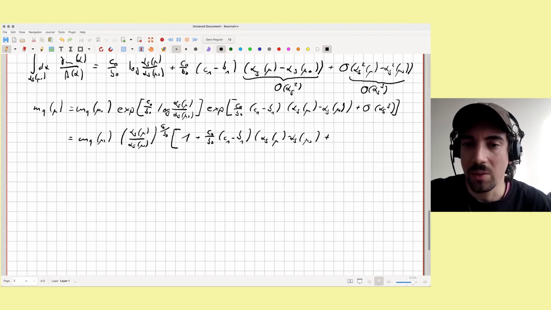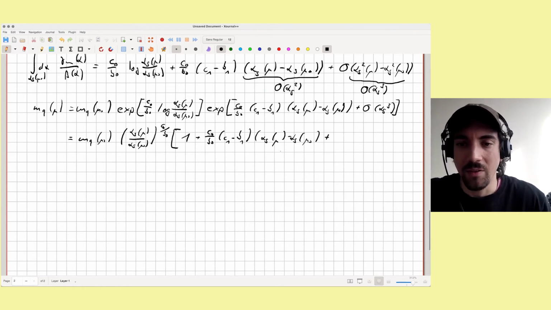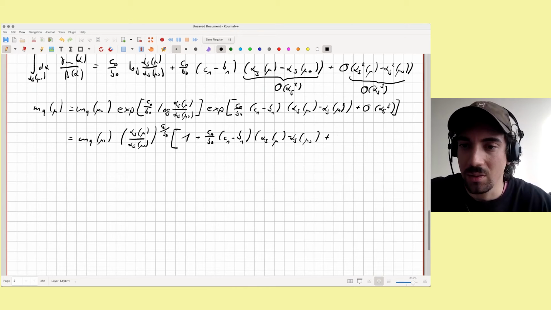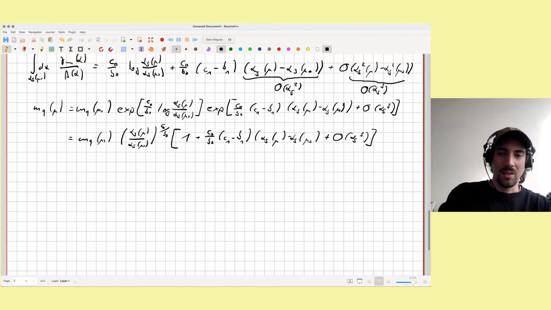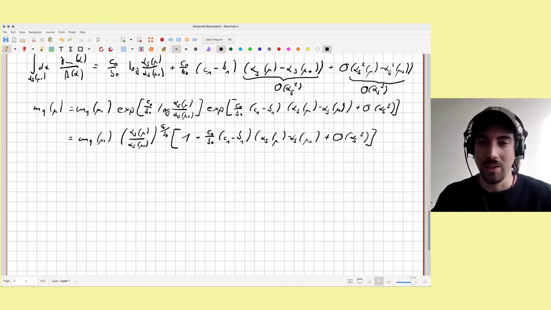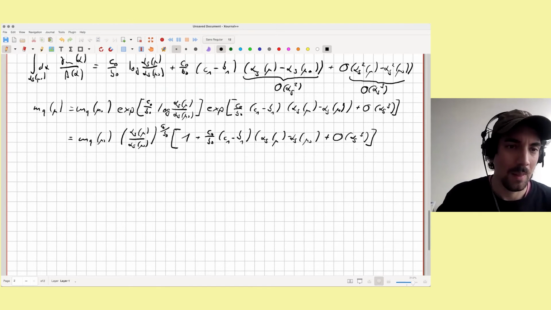If we took the second term in this thing here, then we would already have alpha s to the fourth power, which is beyond the accuracy we are having here. All right, so this is the running of the quark mass at next to leading order.